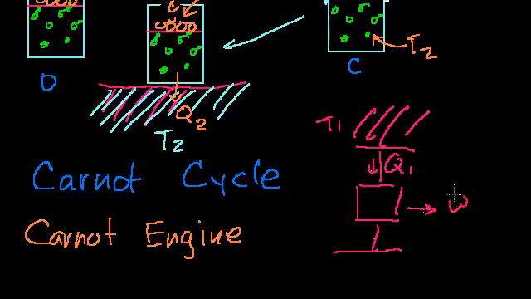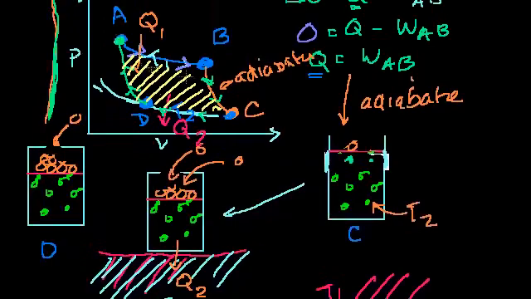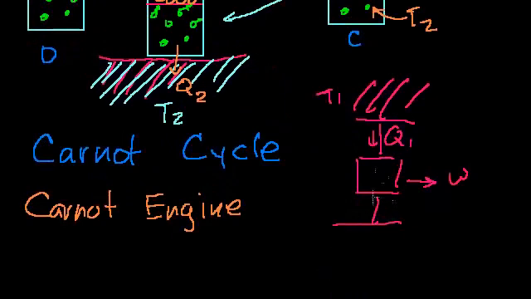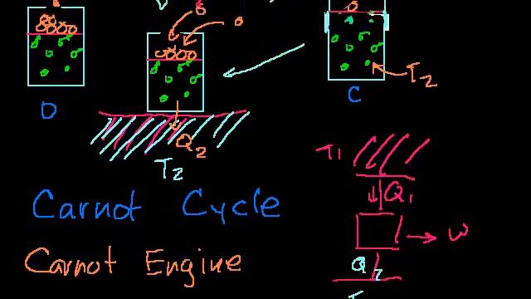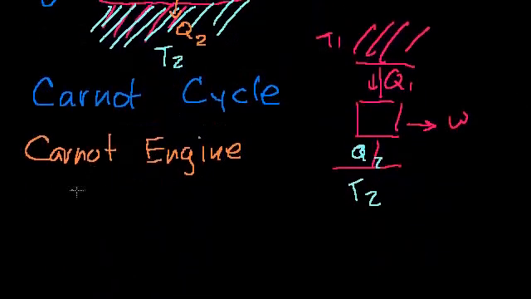It does some work, which is represented by the area inside of our cycle, and then it transfers Q2, essentially the remainder from Q1, into our cold reservoir, T2. So the work we did is really the difference between Q1 and Q2. If I have more heat coming in than I'm letting out, where did the rest of that heat go? It went to work. Literally. So Q1 minus Q2 is equal to the amount of work we did.